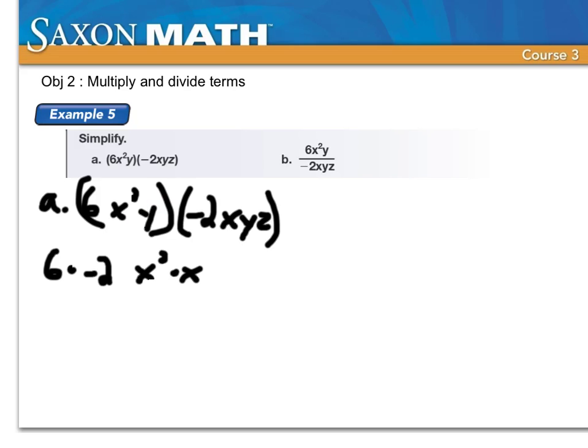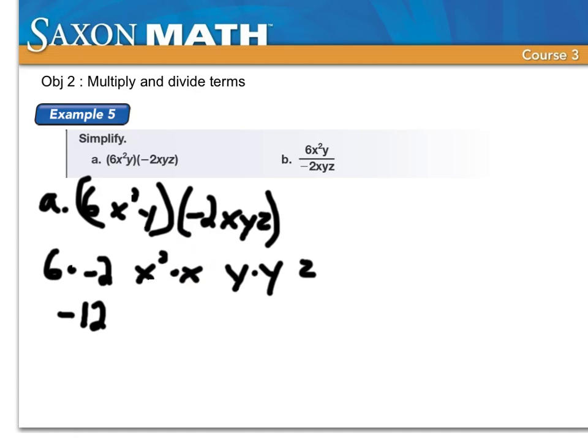I've got a y and a y. So I'm going to have y times y. And then I have just one z. Well, 6 times negative 2, that's negative 12. X squared times x, remember those exponent rules.